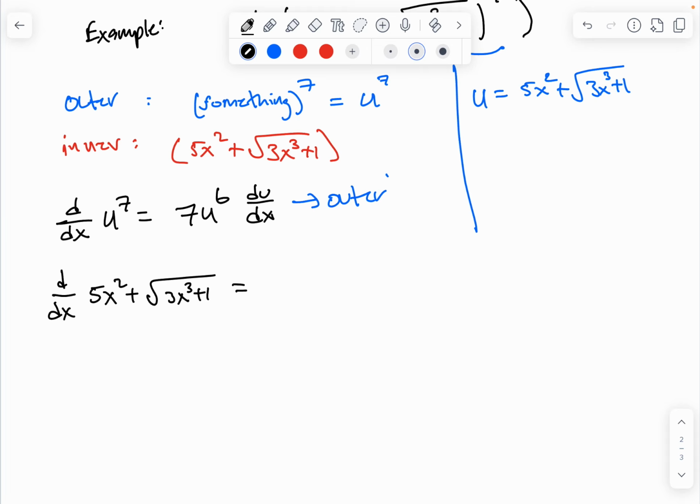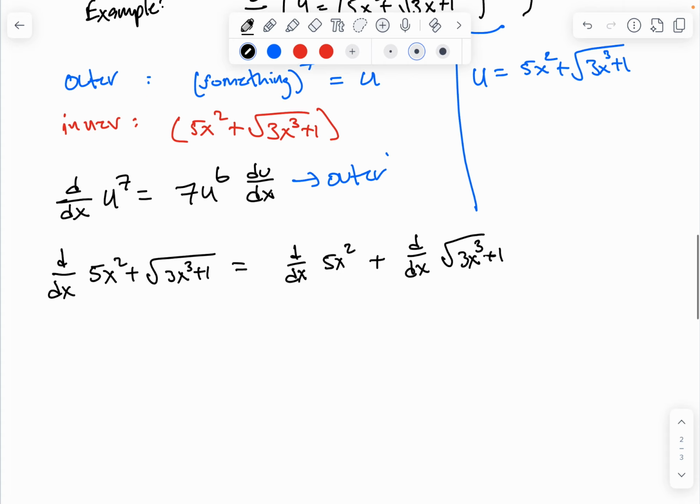So let's first separate those into two derivatives based on the addition rule. We have d dx of 5x squared plus d dx of square root 3x cubed plus 1, right? So these two statements are equivalent. I'm going to put a little circle around this just so that I can see it easier later.